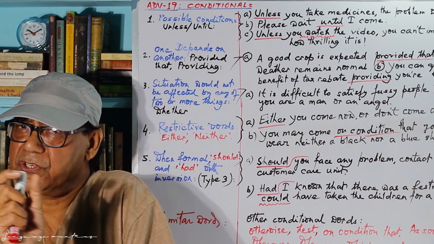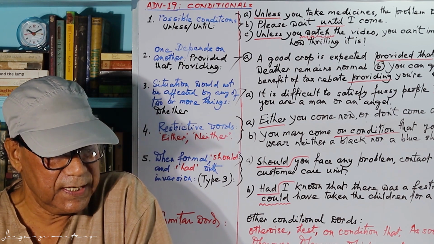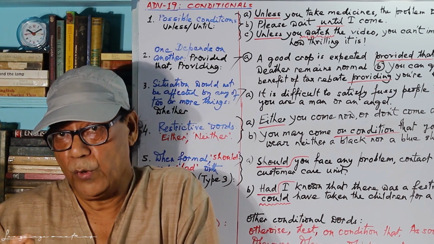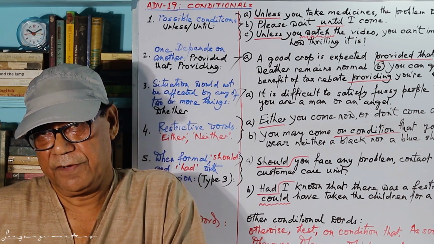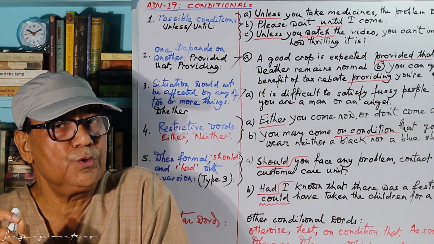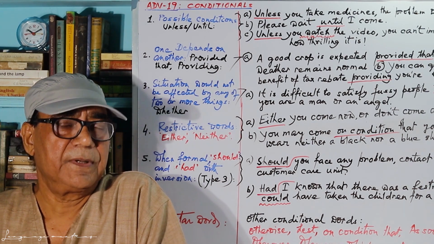But this clause, you just change slightly, it becomes type 1. How? If you study hard, you will do well in the exam. In the first case, it is just you do well. Both sides, simple present tense.